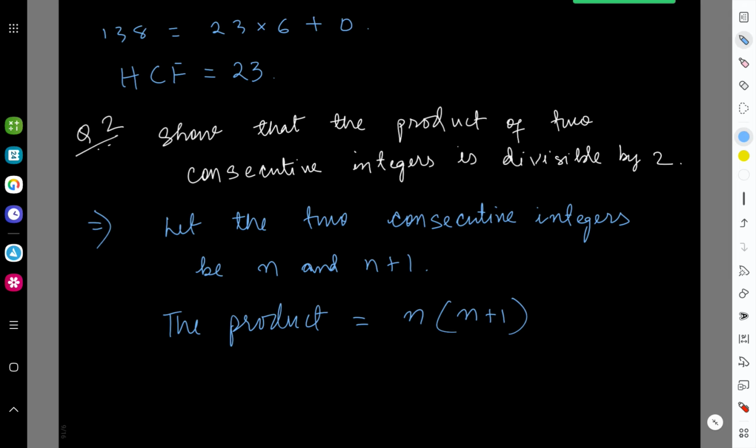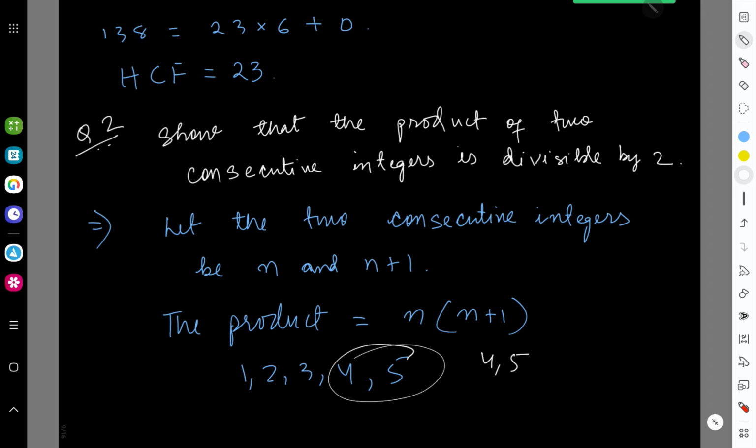This is the product, and we know that in any two consecutive integers, one will always be even. Example, 1, 2, 3, 4, 5. Let us take this example.